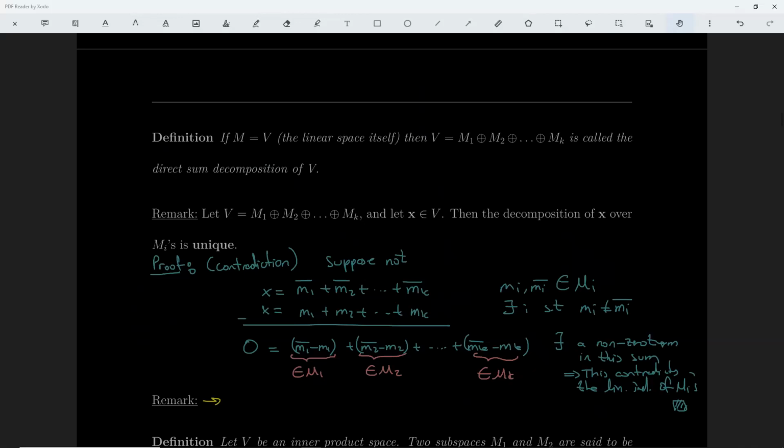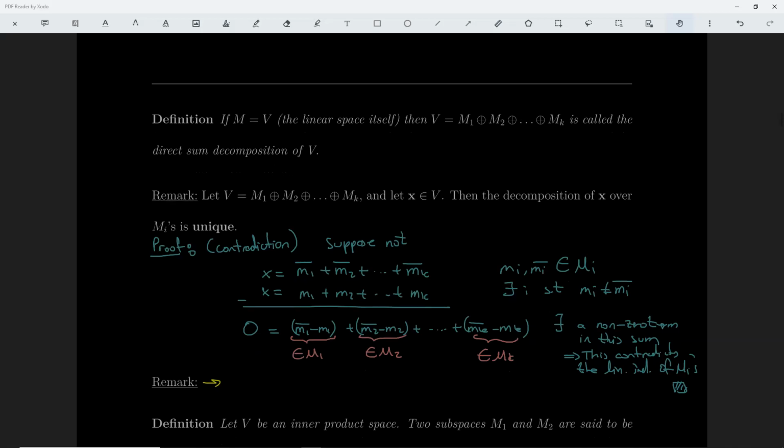So we can write every vector as x equal to m1, m2, m3, etc., mk, such that each of these vectors falls into the corresponding subspace. We also said that such a decomposition of x over those mi's is unique. So that's a unique decomposition of vectors.